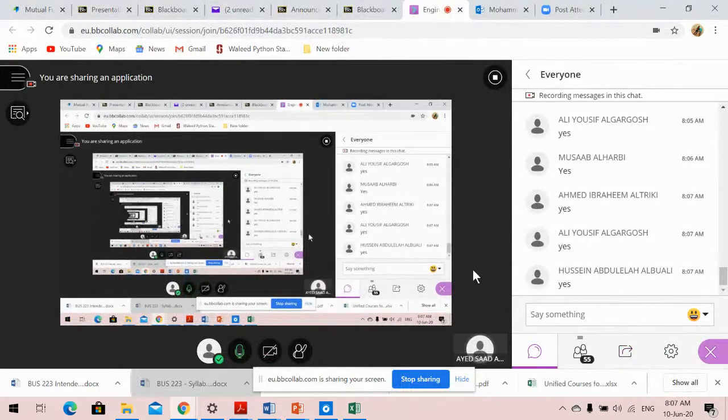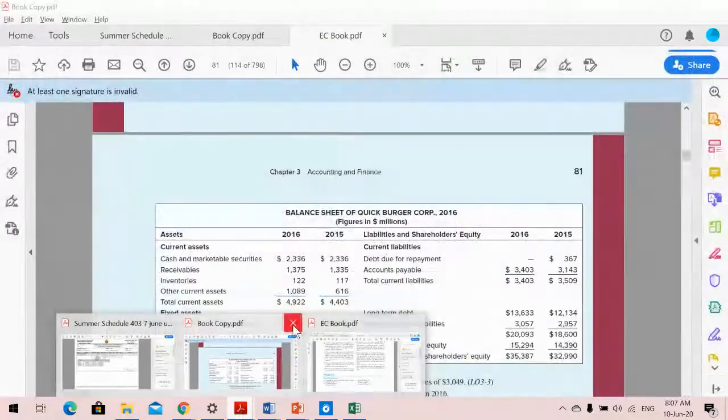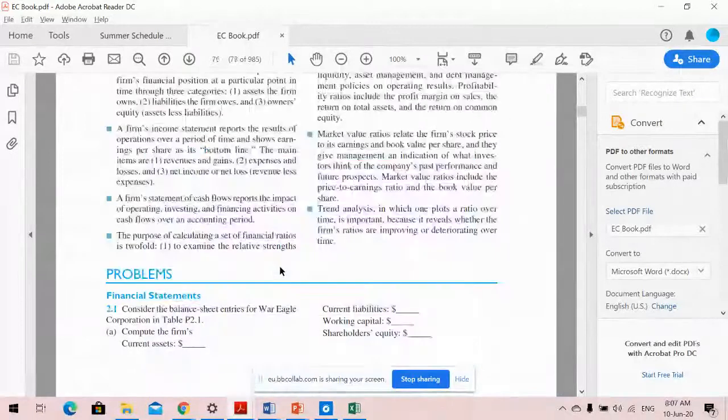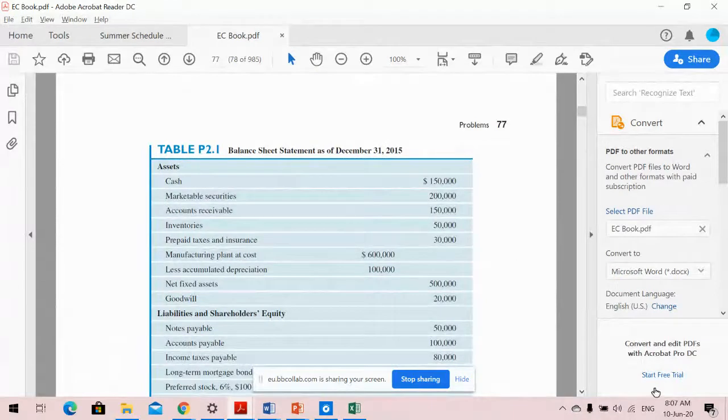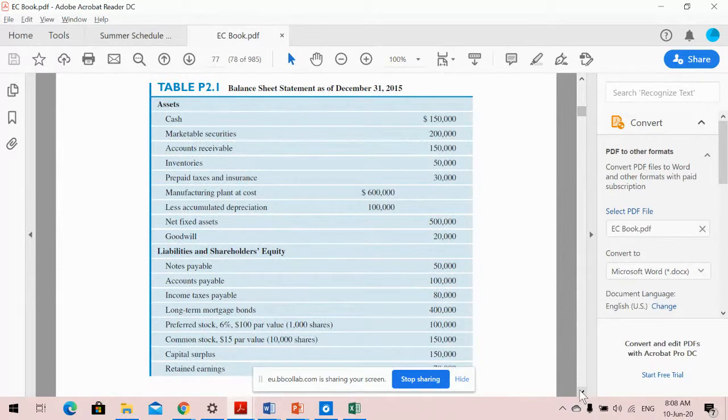Now exercise 2.1 says consider the balance sheet entries for War Eagle Corporation in table 2.1, and part A says compute the firm's current assets. So what is table 2.1? It is this one. Now this table is given and you have to calculate the amount of current assets.